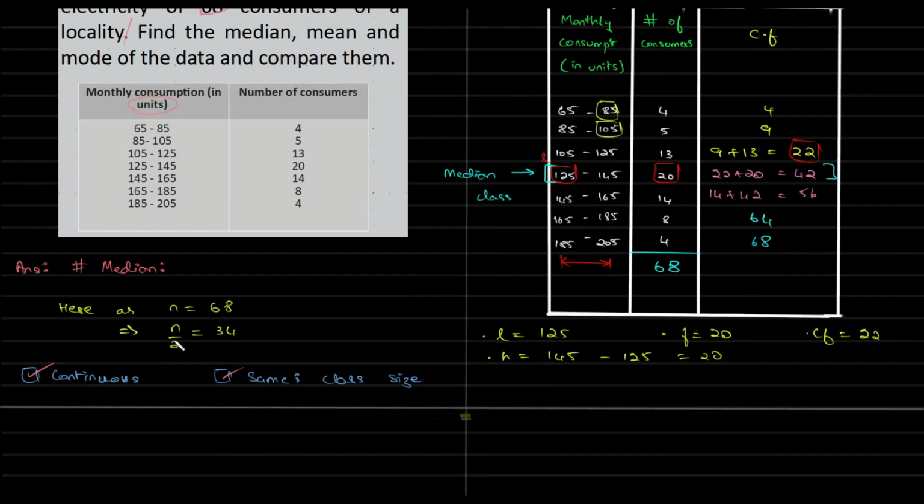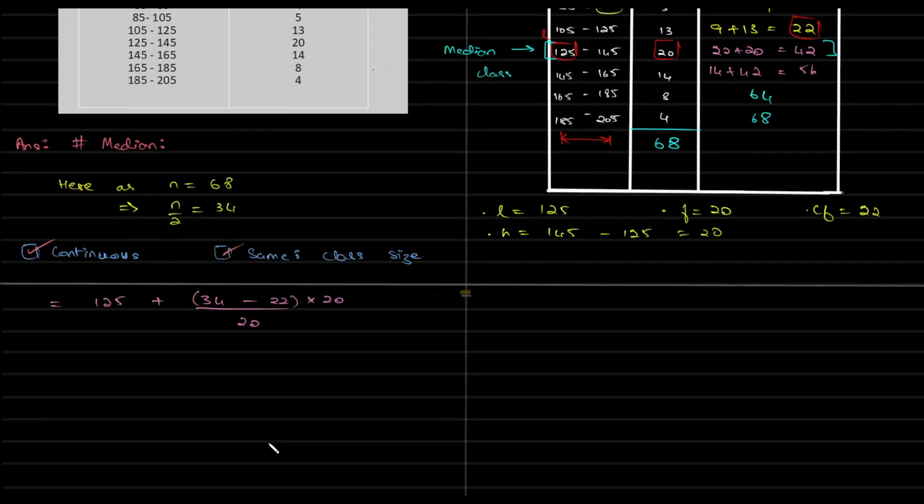Quite simple. So we have 125 plus (34 minus 22) into H being 20, divided by frequency, which is 20.